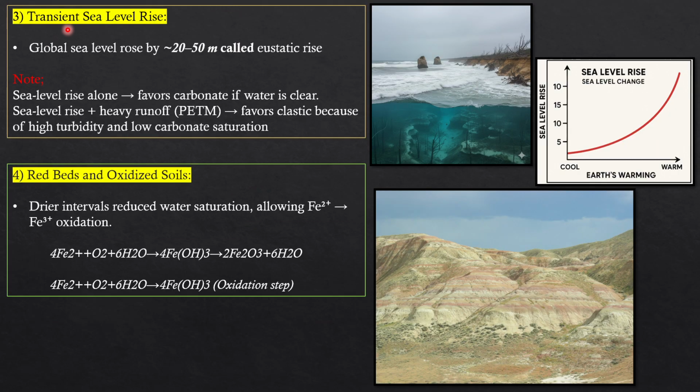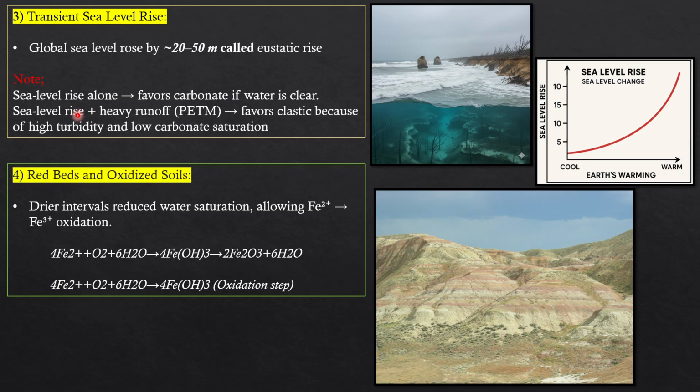Number three is transient sea level rise. Globally sea level rose, and sea level rise favors carbonate, but in the PETM, sea level rise plus heavy rainfall and the flux of clastics favored high turbidity and low carbonate, because the clastics were too much.